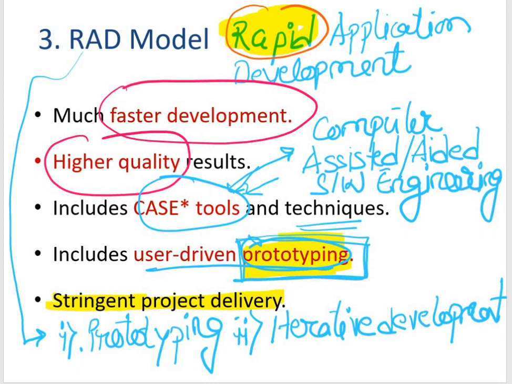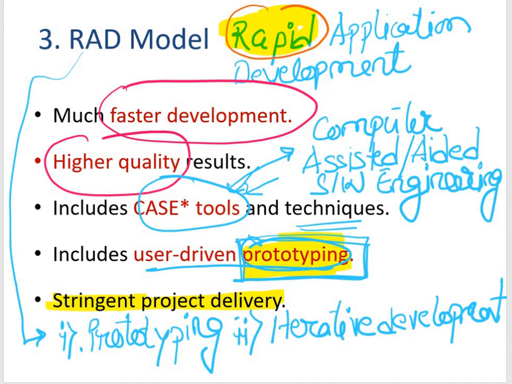The process of writing the software itself involves the planning required for developing the product. In this RAD model, the focus is on gathering the customer's requirements. Right.